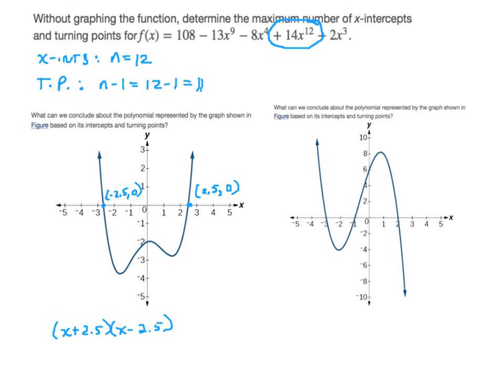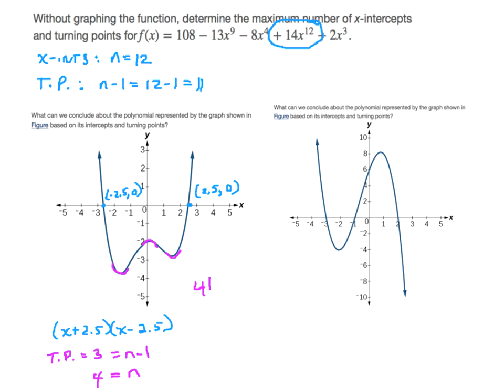I have, it looks like, 3 turning points: 1, 2, 3. So since I have 3 turning points, that means that 3 had to be equal to n minus 1. So when I add 1 to both sides, that means my n, or my degree, had to be 4 there.